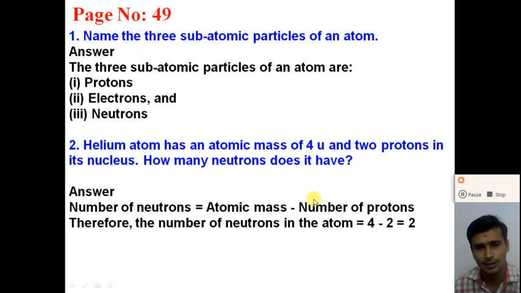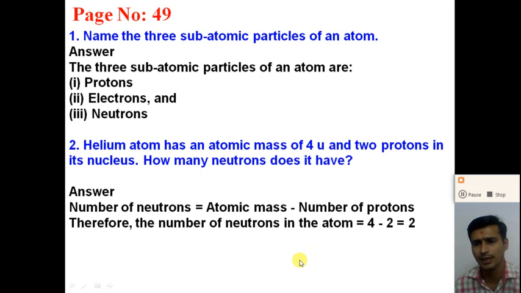Here the atomic mass of helium is 4, and the atomic number of helium is 2, which means it has 2 protons. So 4 minus 2 gives 2 neutrons. So the number of neutrons in the helium atom is 2.